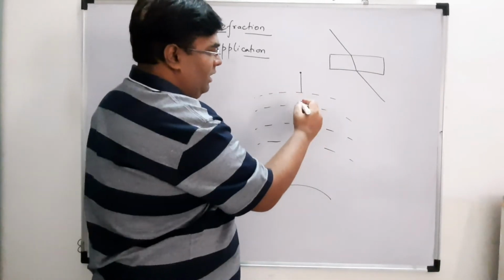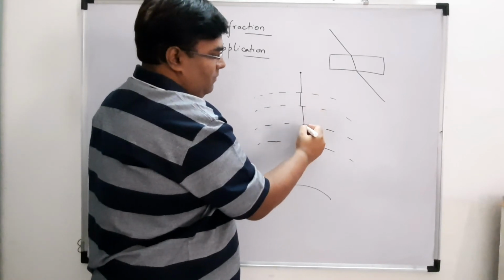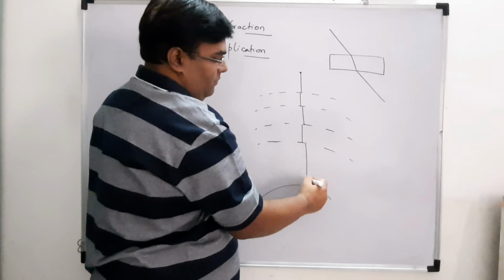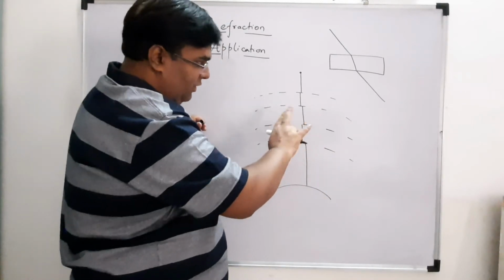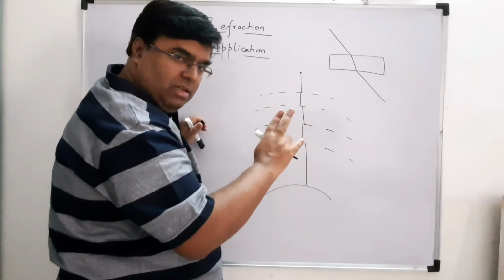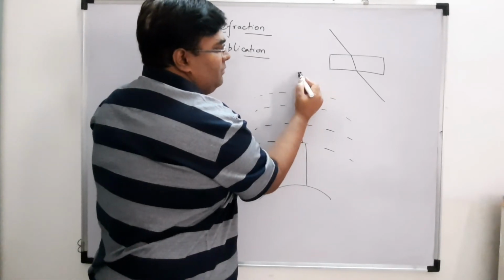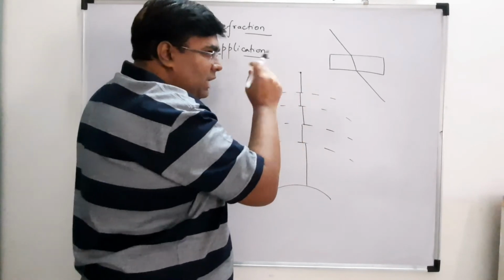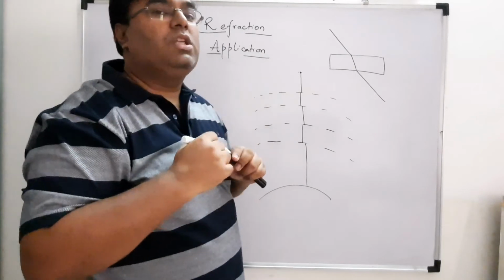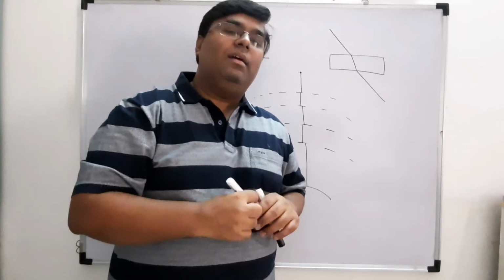Similarly, light will come like this. It will be parallel to each other, but the positions will be shifting. Due to these shifts, my star sometimes will look here or here. So it will keep on shifting positions, and because of that the star looks like it is twinkling.